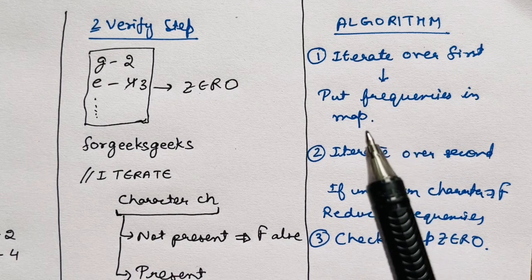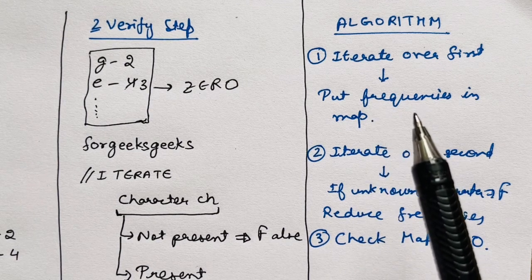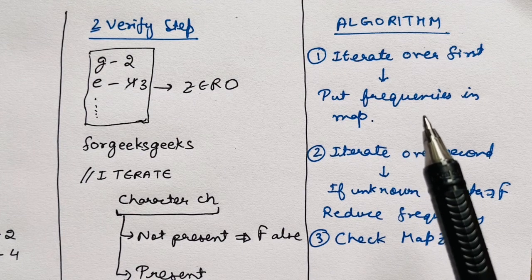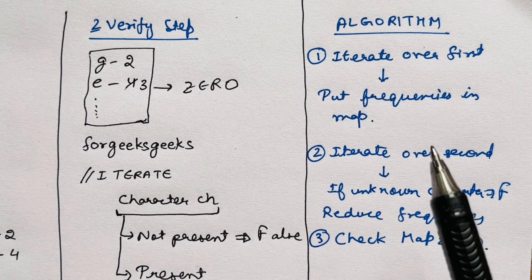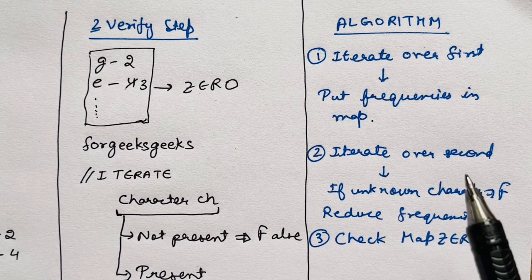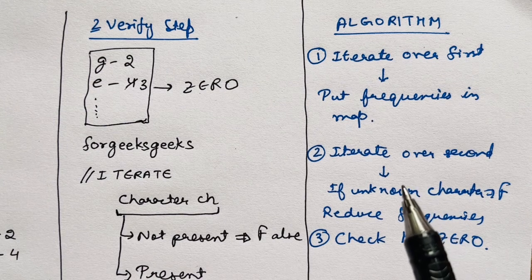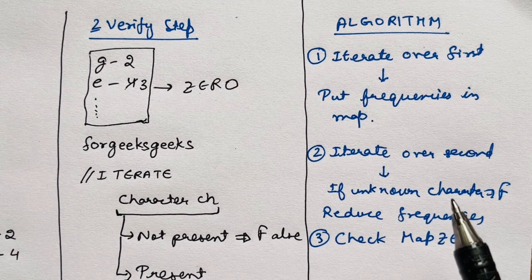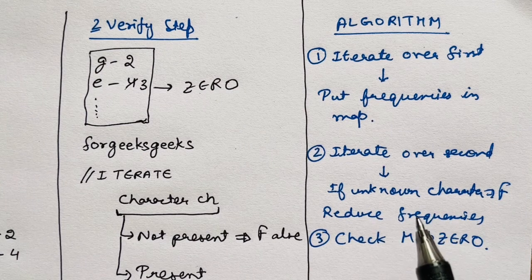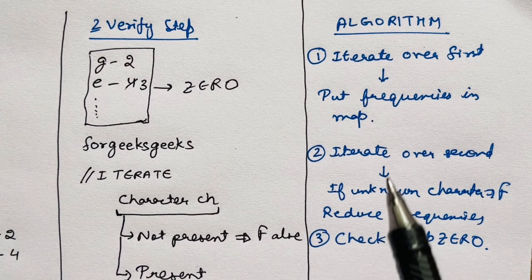And if we have seen this character before, it is a repetition, then for the same character we will just increment the current frequency by 1. Then in the second step we will iterate over the second string. With every iteration, if it is an unknown character, that means they cannot be anagrams and we return false. While if it is a known character, we reduce the frequency in the map.